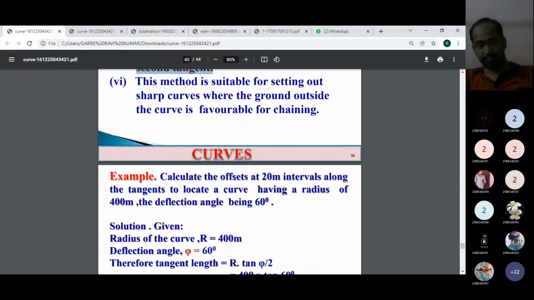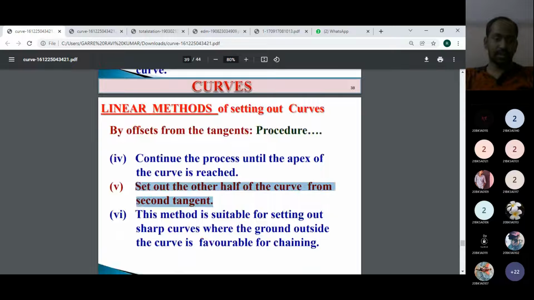Okay, that's all. Guys, this is about curves. If you want to discuss anything about curves, you can discuss or tell me. Any doubts in curve setting? Anybody can answer?